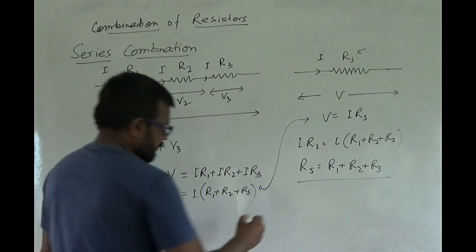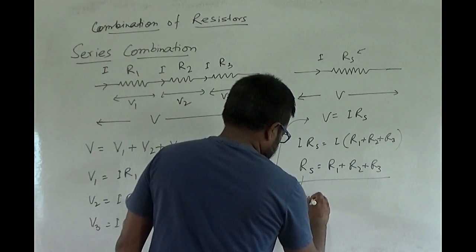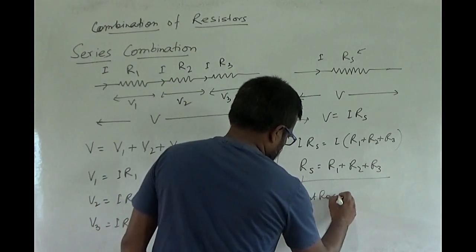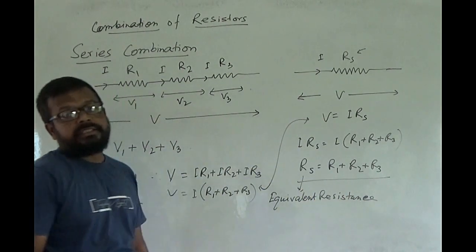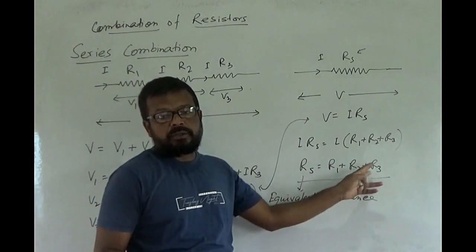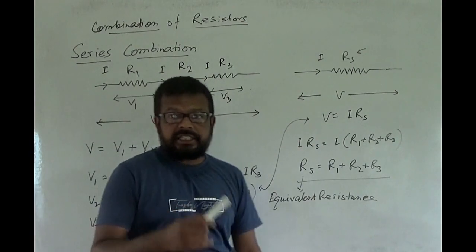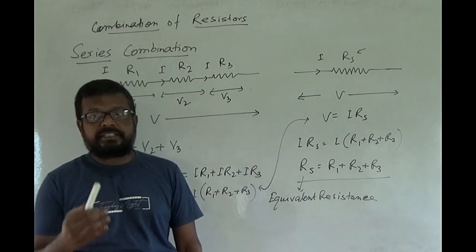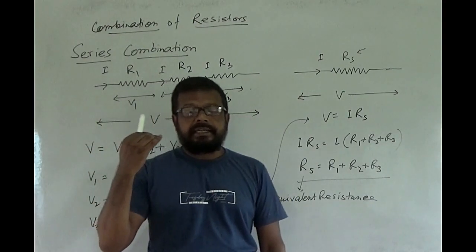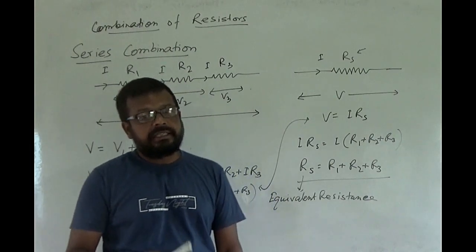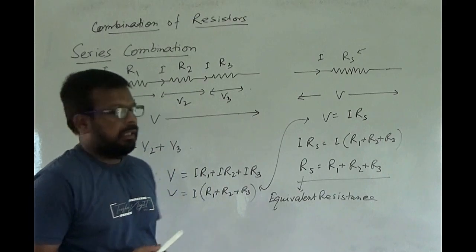This Rs is called the equivalent resistance or effective resistance of the series combination of resistances R1, R2 and R3. The effective resistance of a series combination is equal to the sum of the individual resistances in the combination: Rs equals R1 plus R2 plus R3.